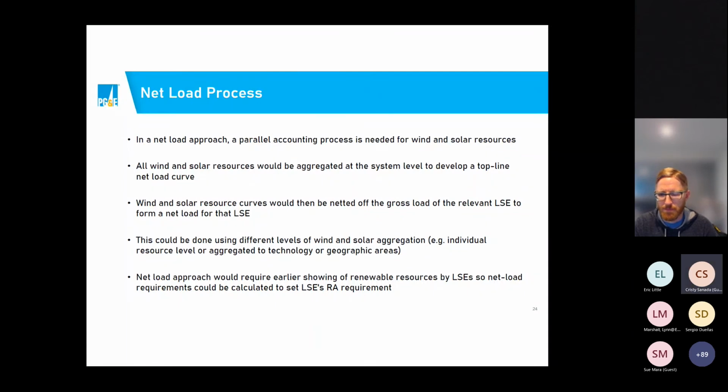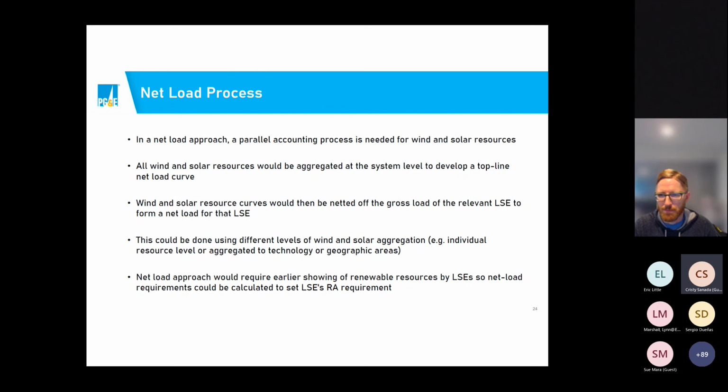I guess I had one specific question about how it would work if you're contracting a resource that, say it's a wind resource, and that load serving entity's already adjusted net load curve has already been reduced a bunch. So that entity might need the resource for RPS purposes, but basically wouldn't have an RA need for that resource if their load curve's already been adjusted.